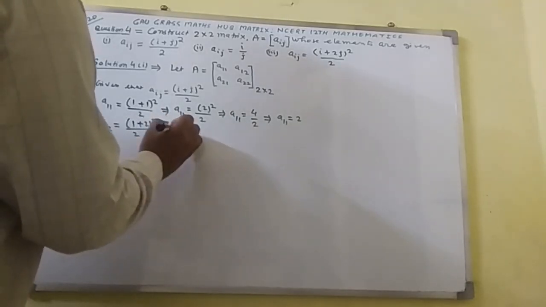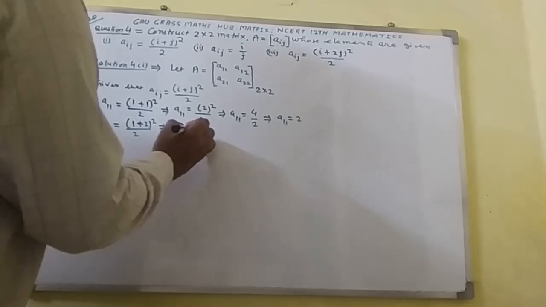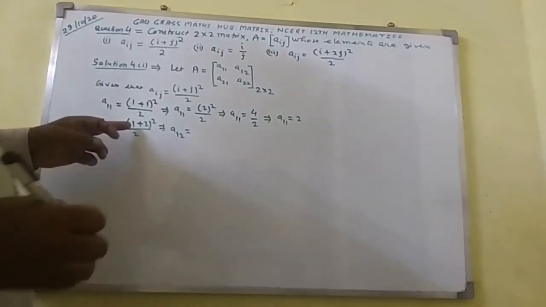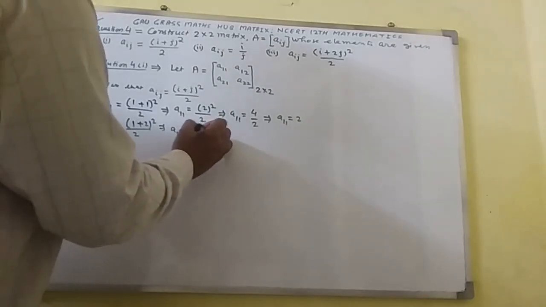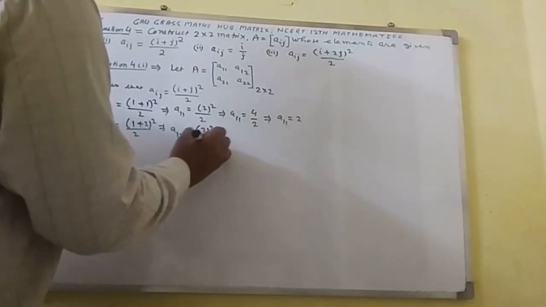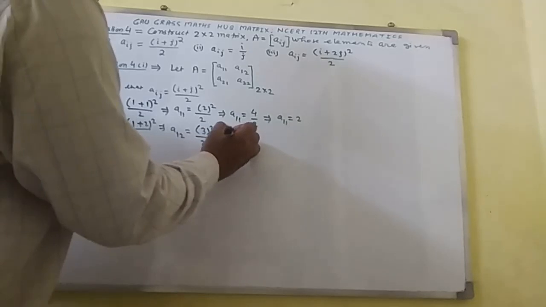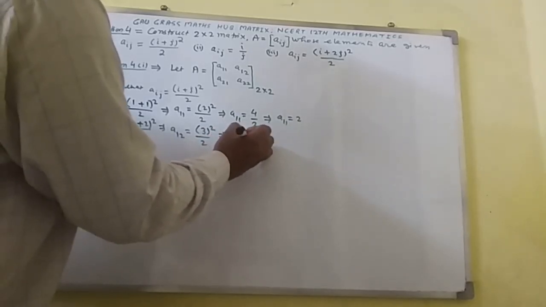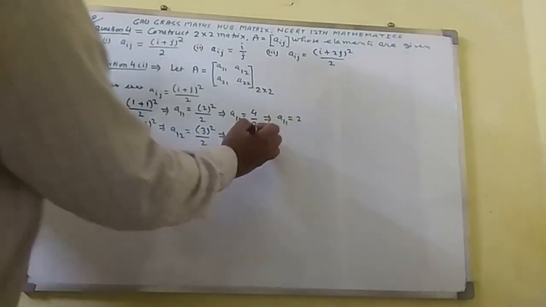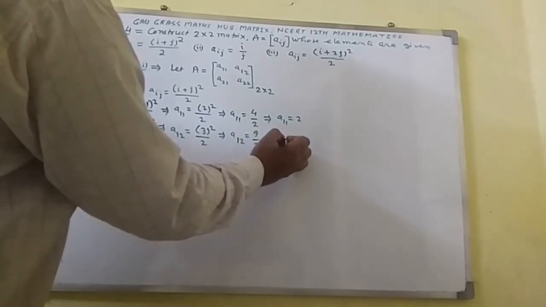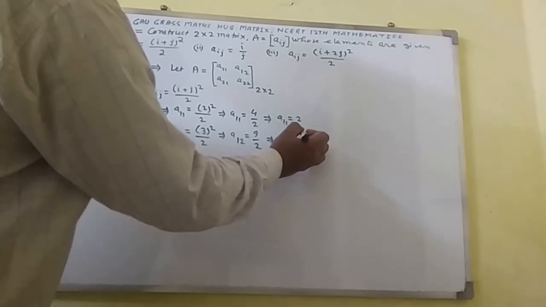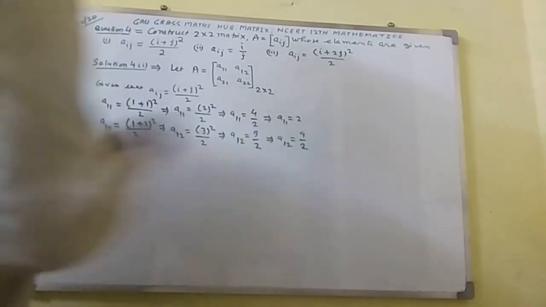Imply that a12 equal to 1 plus 2, you will get 3, 3 whole square over 2. Imply that a12 equals 3 threes are 9 over 2. So a12 equal to 9 over 2.